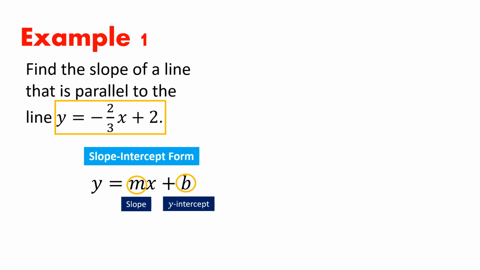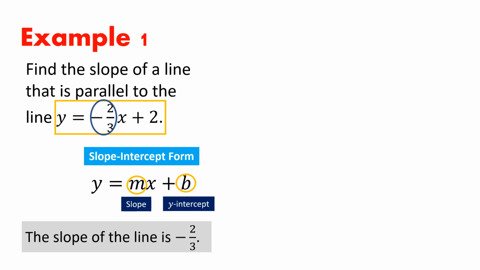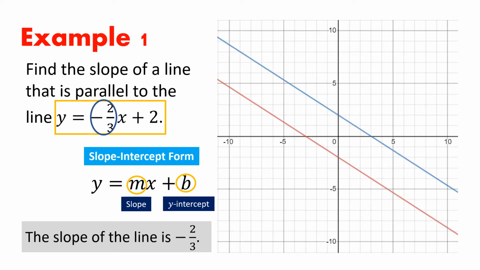Moreover, the given line has a slope of negative 2/3, which means the slope of the parallel line must also be negative 2/3. Let us look at a specific example of a line parallel to the given line.